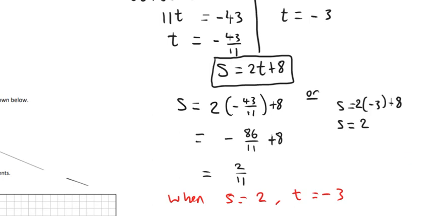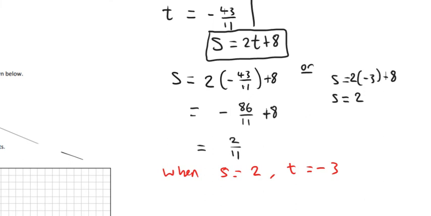And when s is 2 over 11, then t is minus 43 over 11.